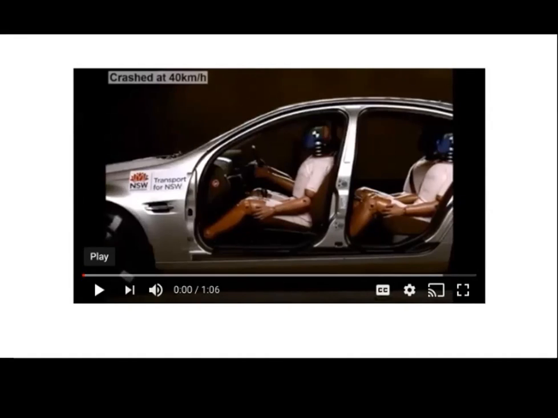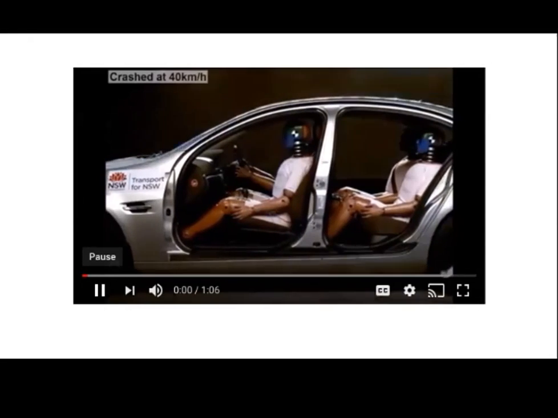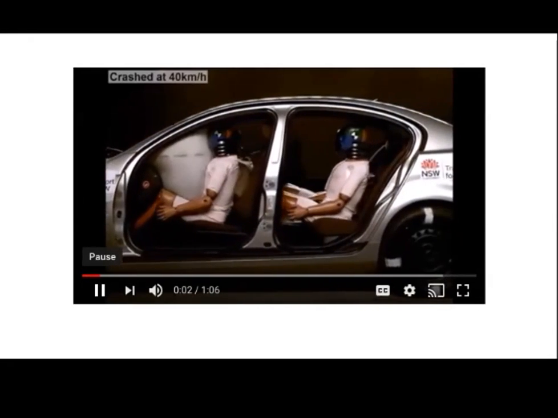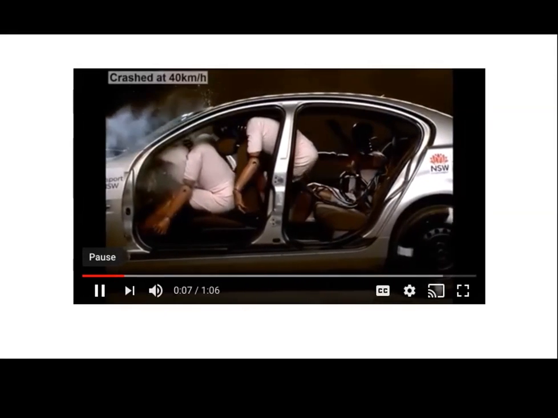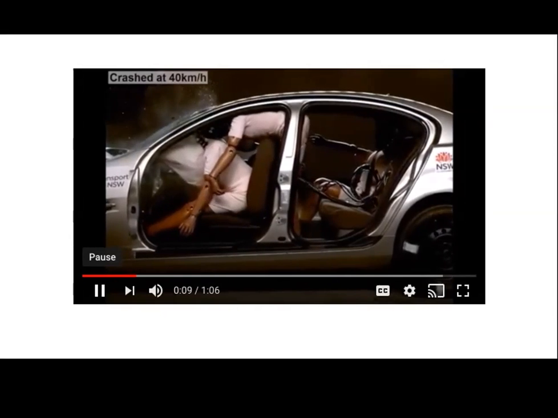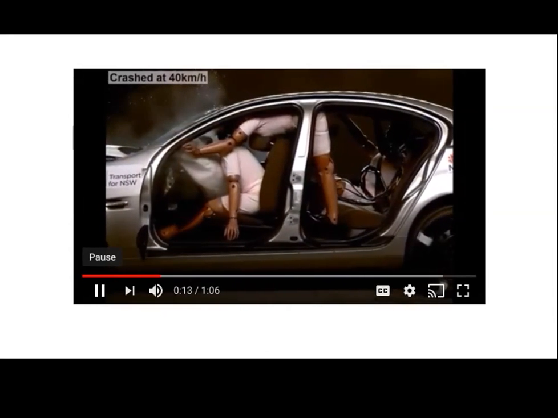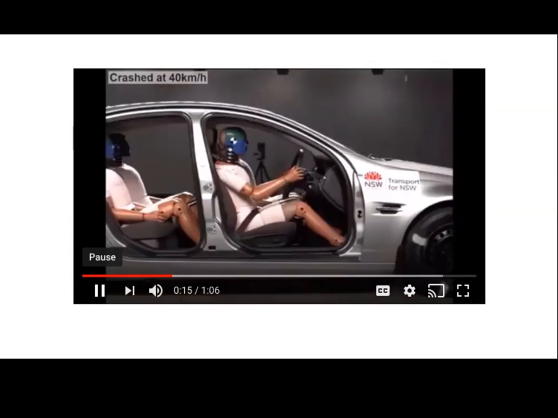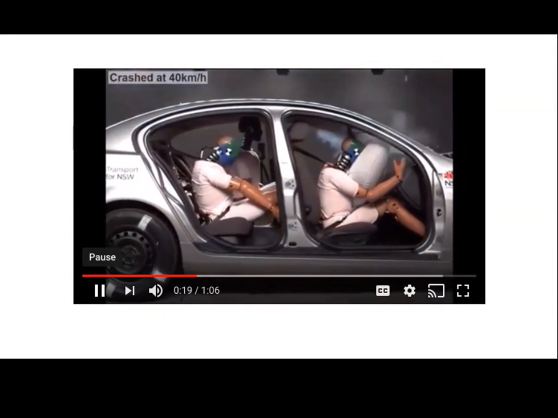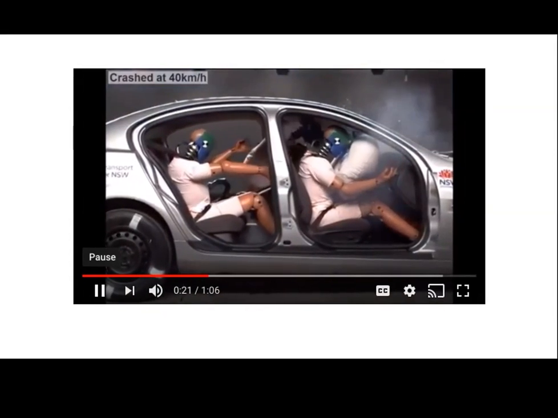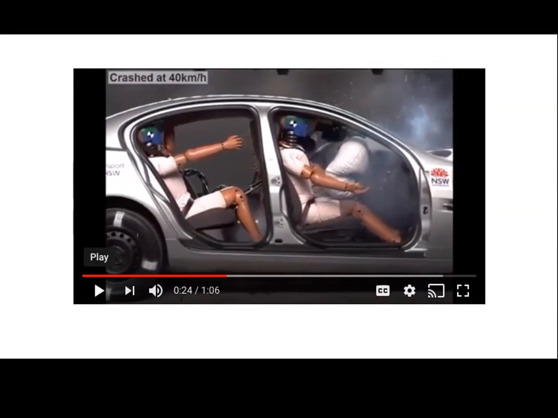What's happening to them, and seatbelt versus no seatbelt. All right, go ahead and fill out your worksheet.